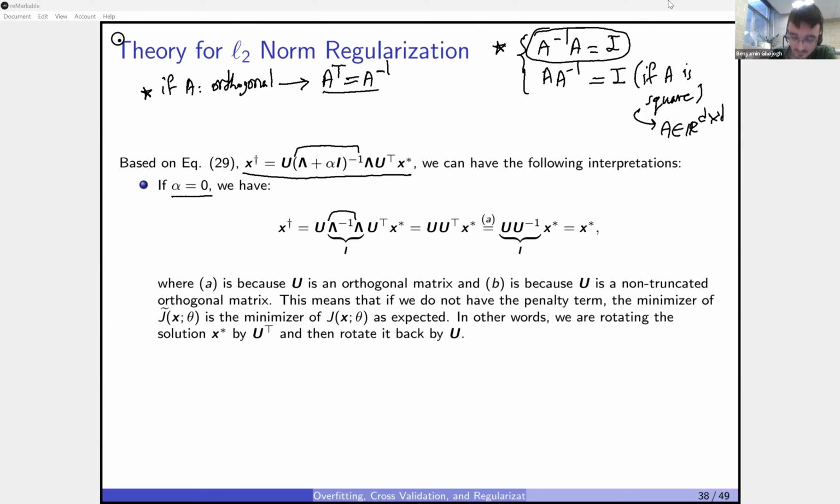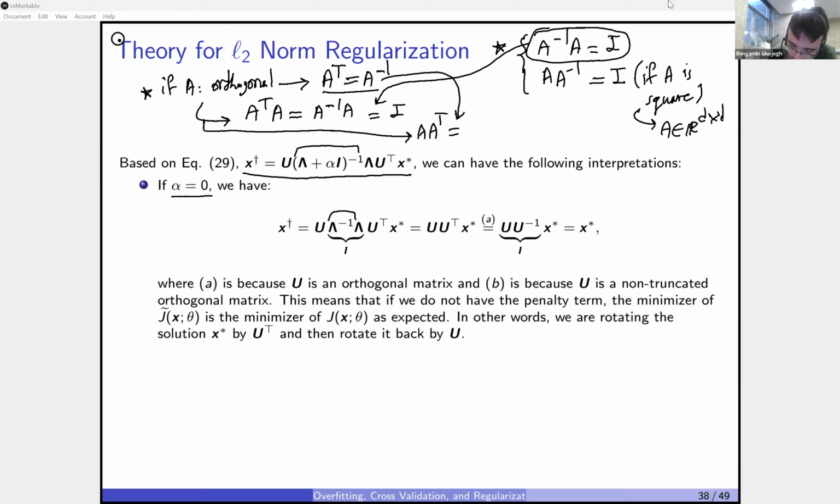Because of this, A transpose A becomes A inverse A, which becomes I. What about A A transpose? It becomes A A inverse, and it is only I if A, which was orthogonal, is not truncated.